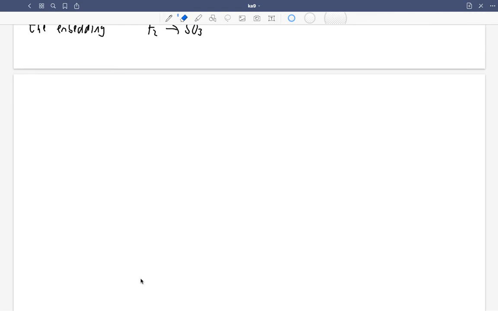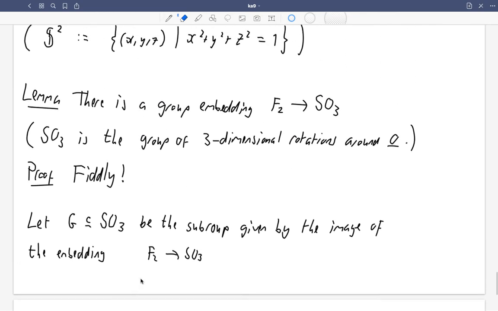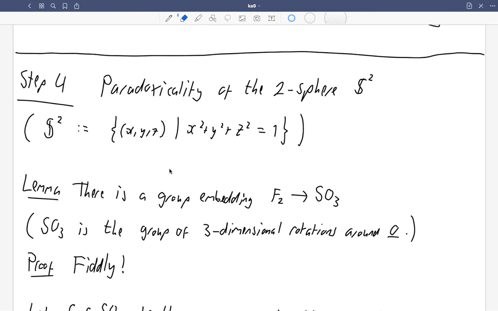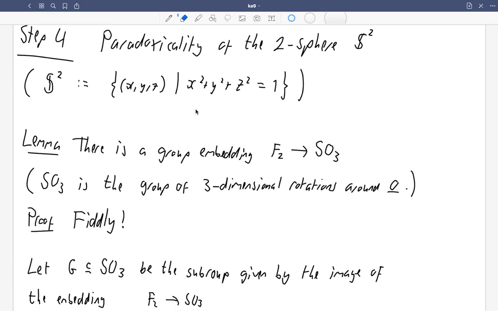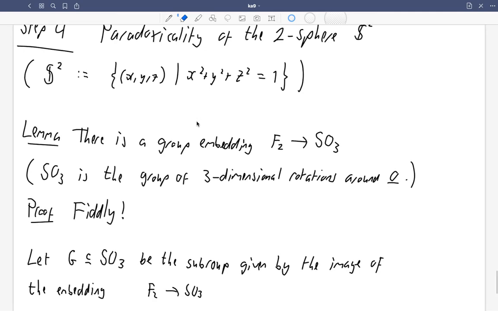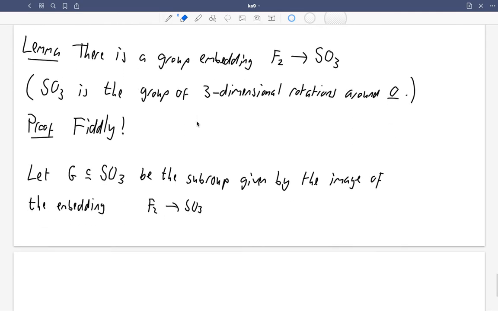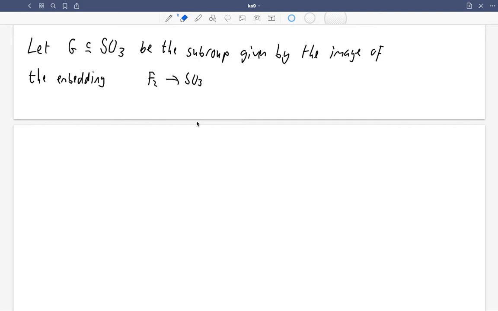So remember the rotation group, SO3, of course, its canonical, very famous group action, is to consider its action on the two-sphere, because that's the primary geometric object that one wants to rotate in three-dimensional space, the surface of the unit ball. That's the two-sphere.